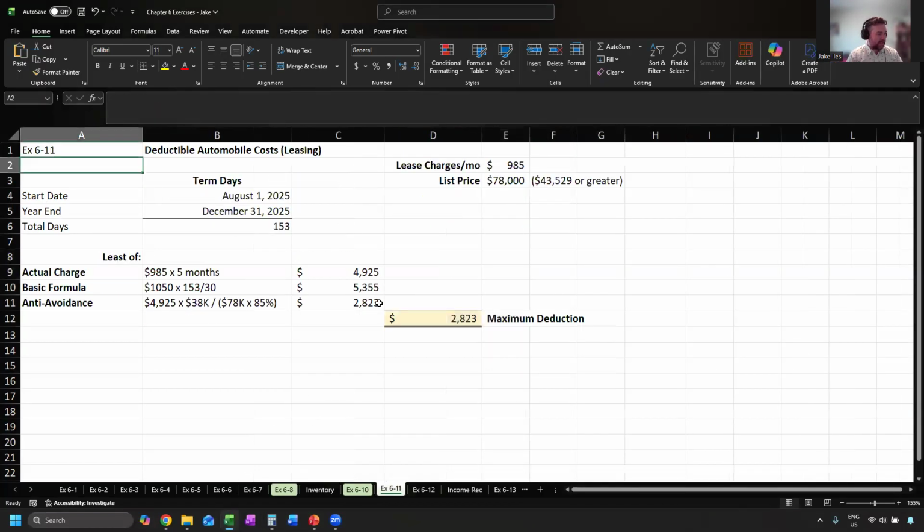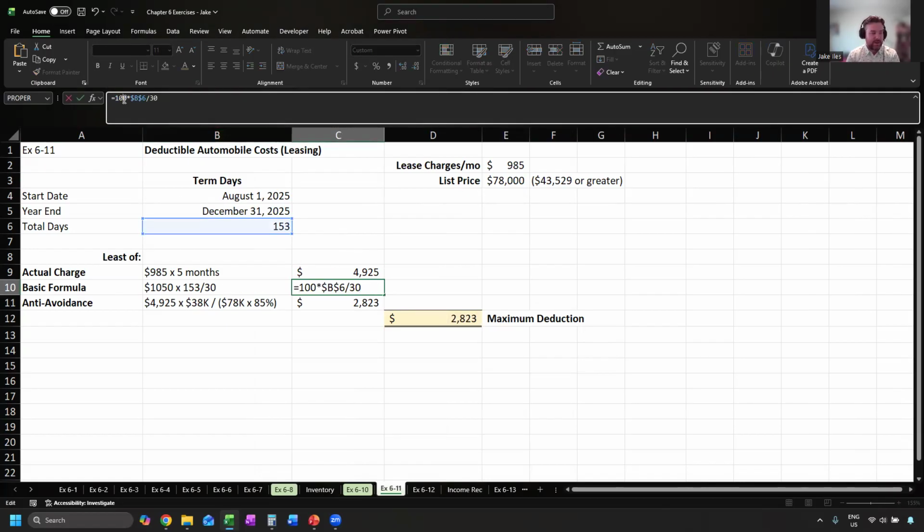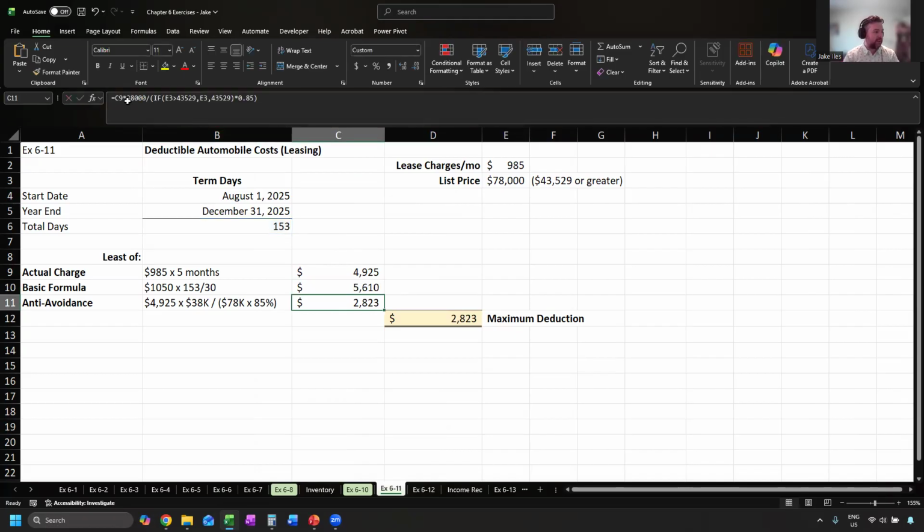So going to that exercise, we have our three calculations here. This calculation used last year's number, $1,050, so $1,100. So yes, $4,925 is our paid amount. Our actual cumulative formula is $5,610, just over that $5,500, because it didn't use just 5 months.